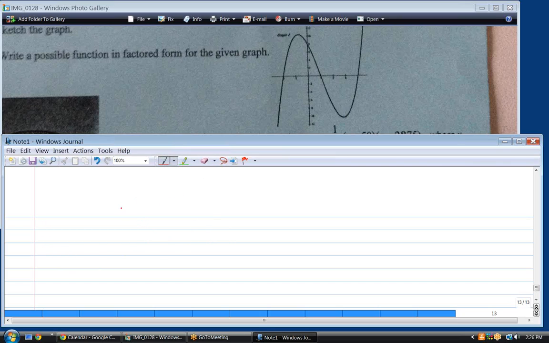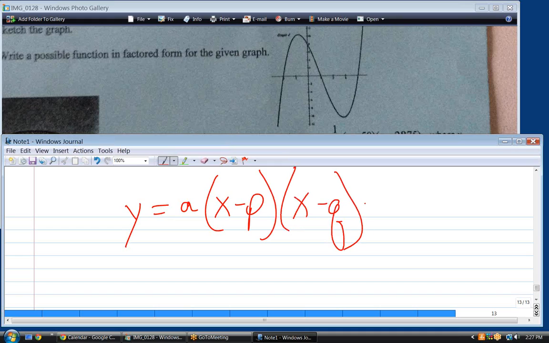Now, the general format is going to be y equals some constant times x minus p times x minus q times x minus r, where p, q, and r are your three zeros.